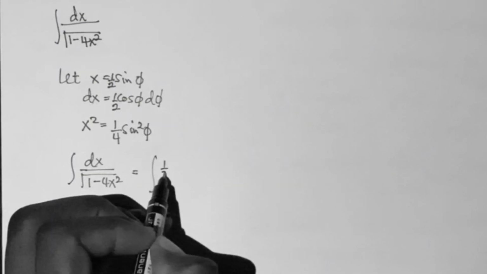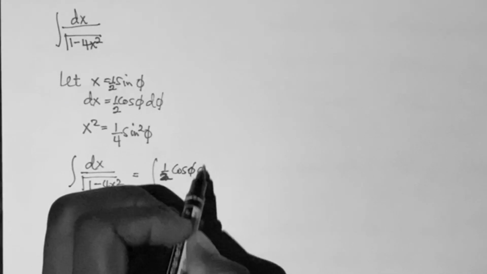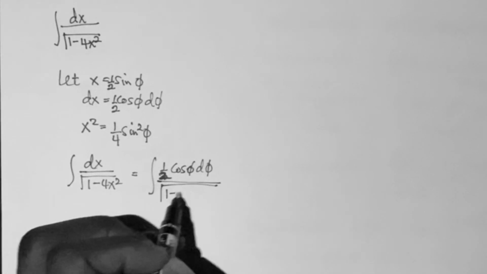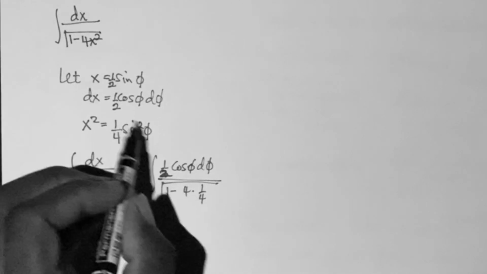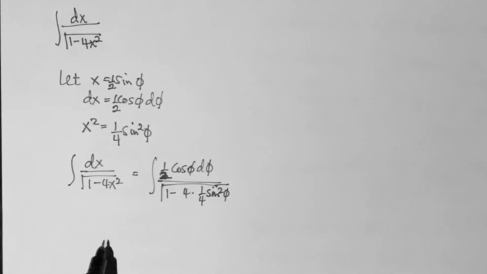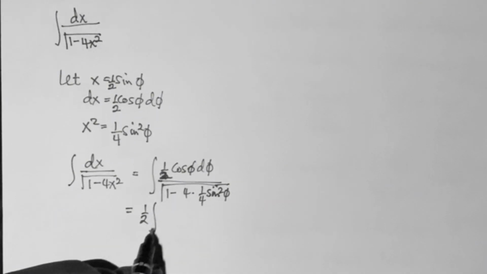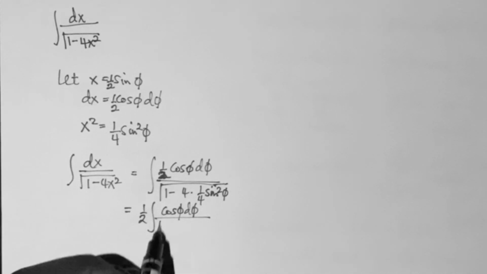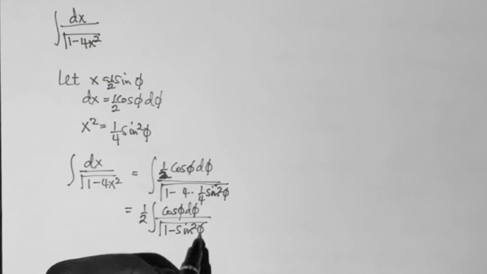dx is now half cos phi d phi, divided by the square root of 1 minus 4 times 1 over 4 sine squared phi, since x squared is sine squared phi. So this is equal to, pulling the half out, half the integral of cos phi d phi divided by the square root of 1 minus sine squared phi.